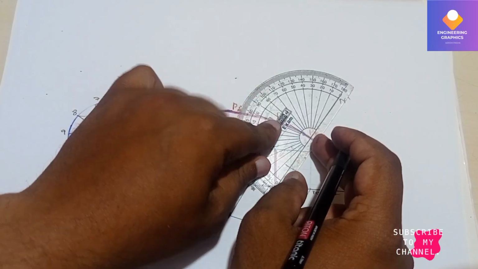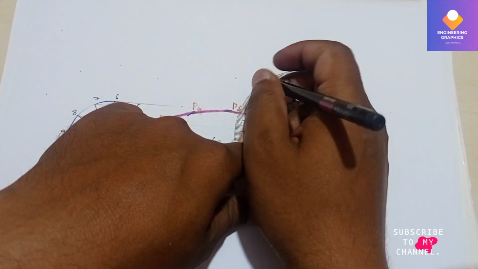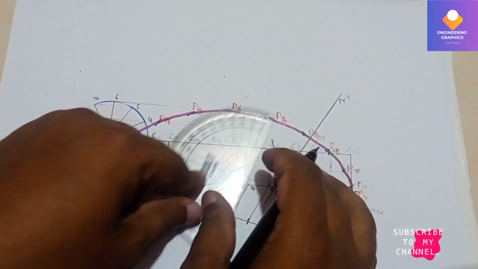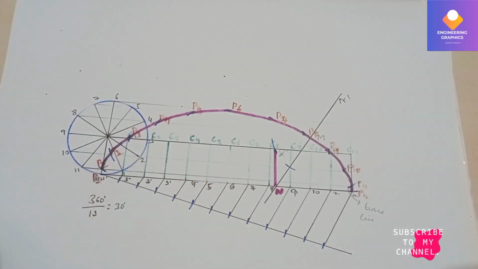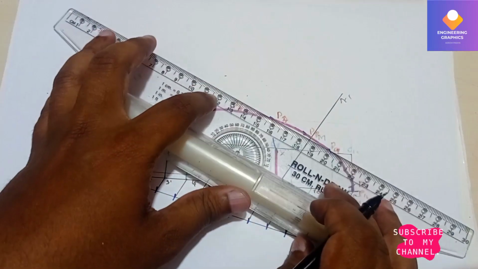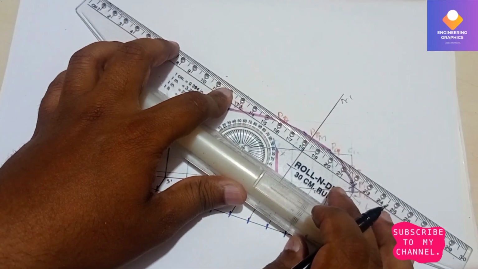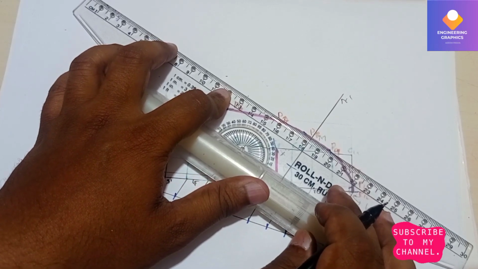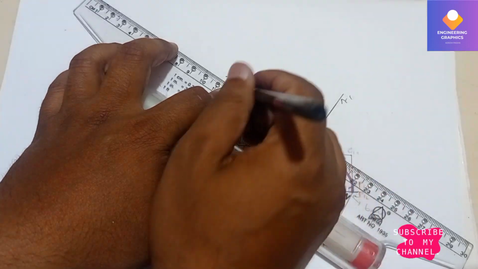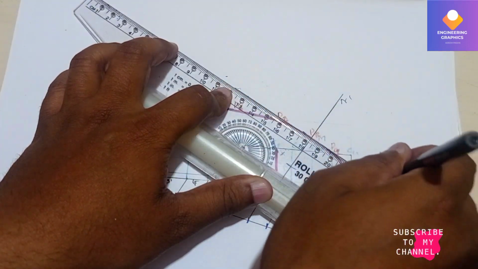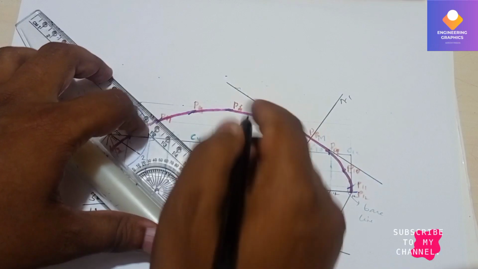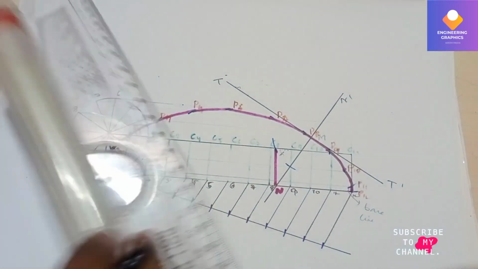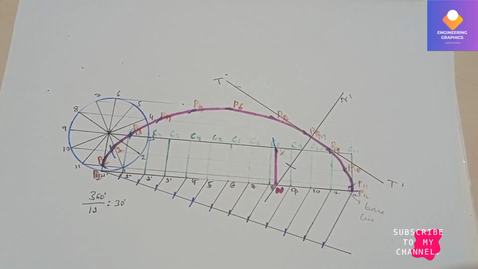Okay, so mark 90 degrees. Okay, that is your tangent. I'll write T dash. Okay, so that completes the problem.